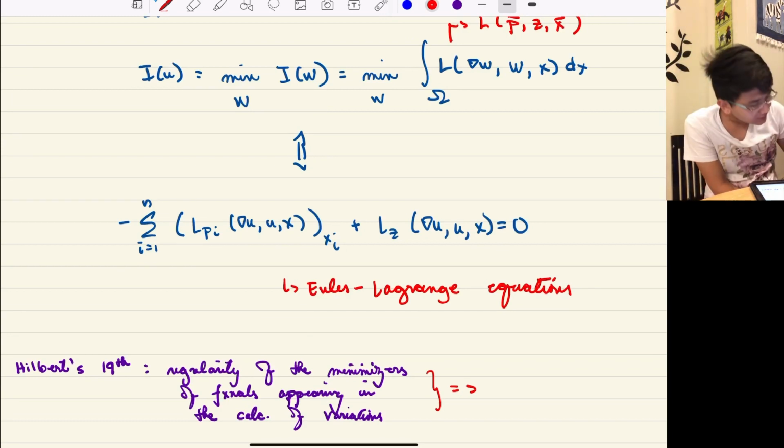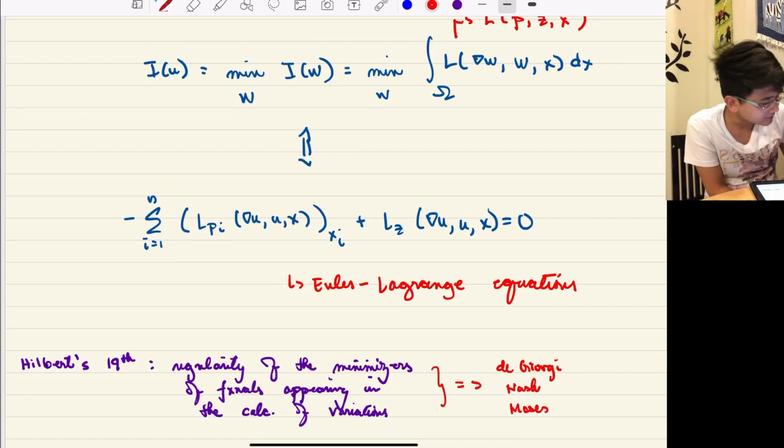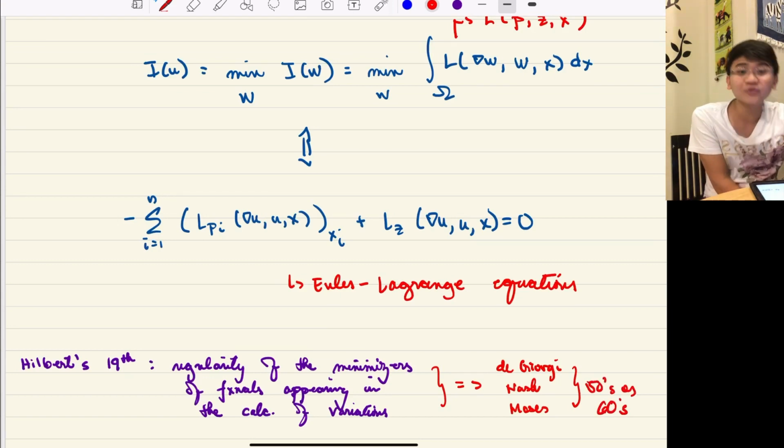So the solution came from De Giorgi, Nash, and Moser, who all worked on this independently, I think in the 50s or 60s, decades after Hilbert posed the problem.